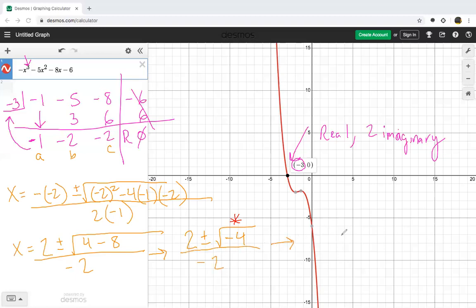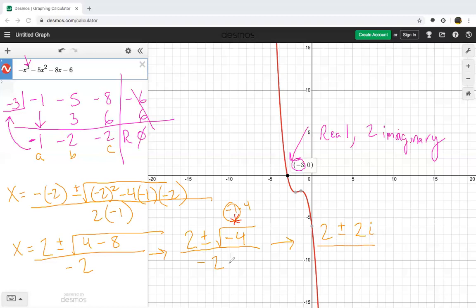If we simplify a little bit more here, we have 2 plus or minus the square root of a negative 4. Well, the square root of 4 is 2, and the square root of the negative 1 part, because remember this is really negative 1 times 4, the square root of 4 is 2, and the square root of a negative 1 is the imaginary unit.